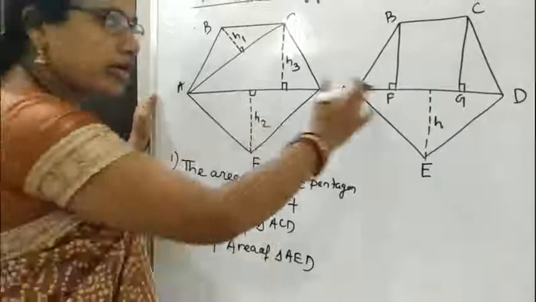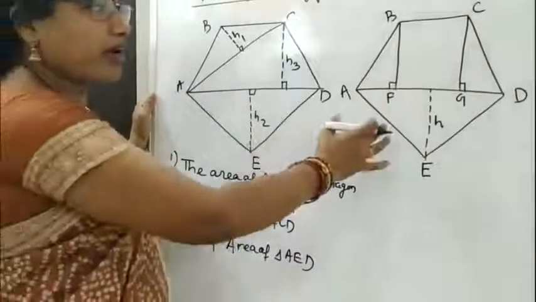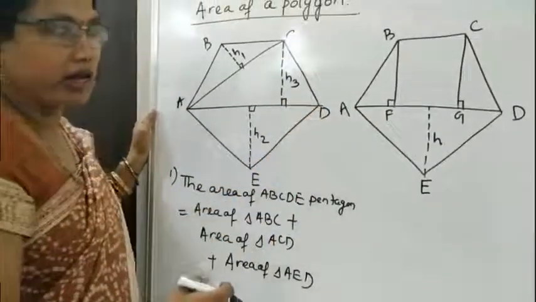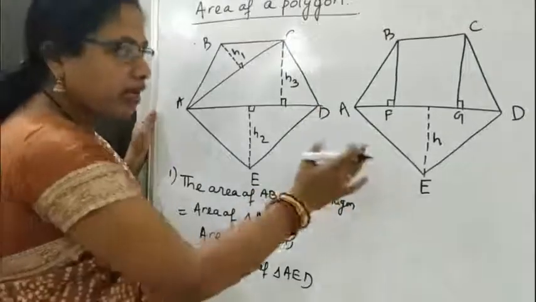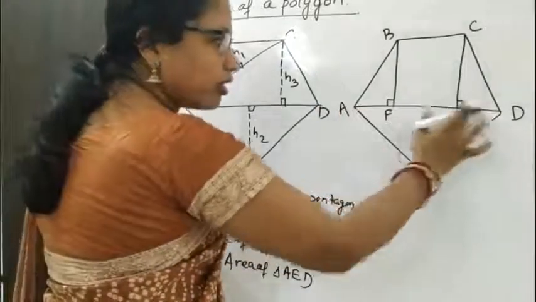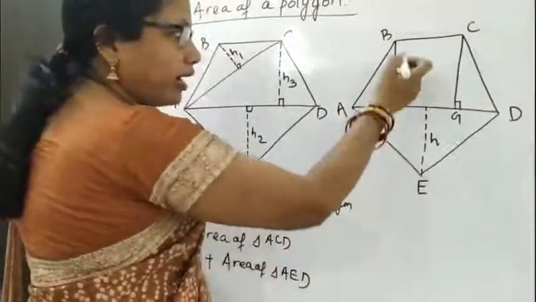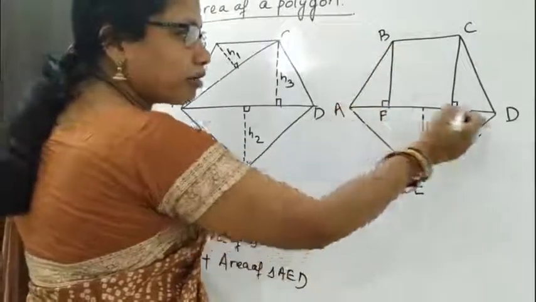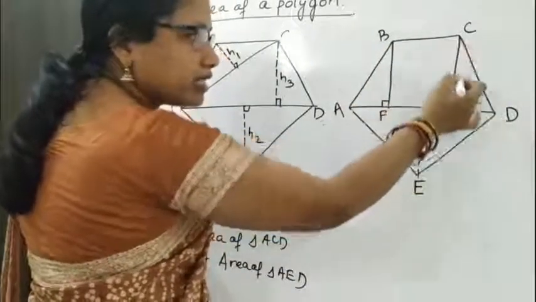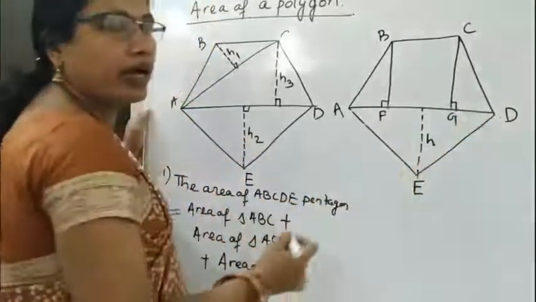In another way also, we can find the area of this pentagon ABCDE. Here I have drawn only the diagonal AD, and BF perpendicular to AD and CG perpendicular to AD.